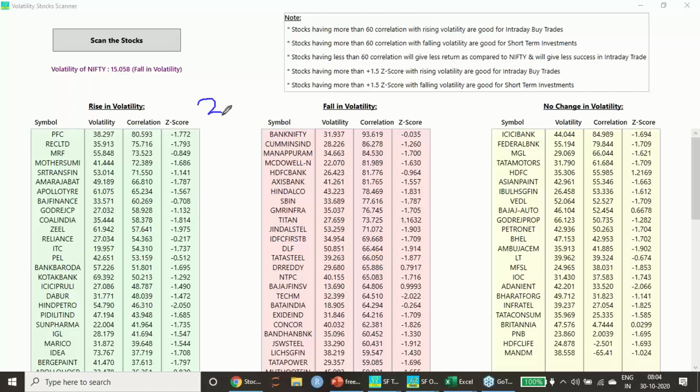Also, 30% of the stocks in the Nifty 50 index belong to the banking sector. That is also a factor. So it is quite impractical to think Bank Nifty will fall like a leaf and at the same time Nifty will be rising like a hero. That is impractical.